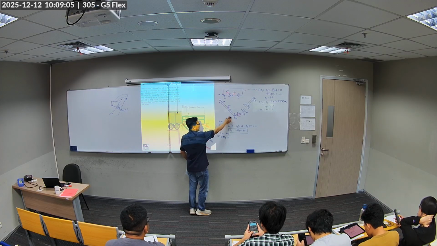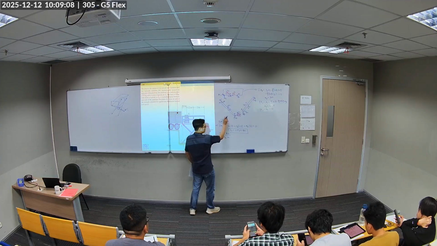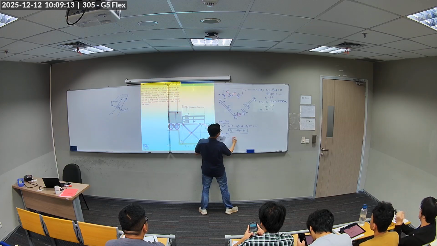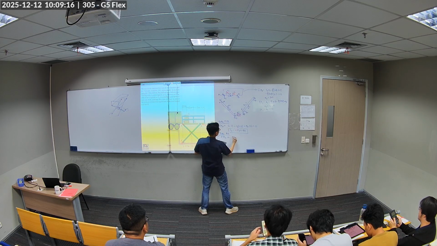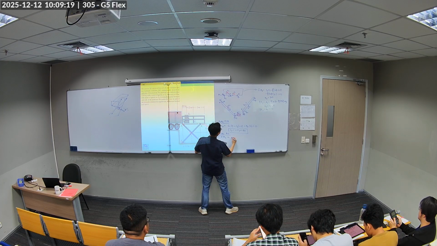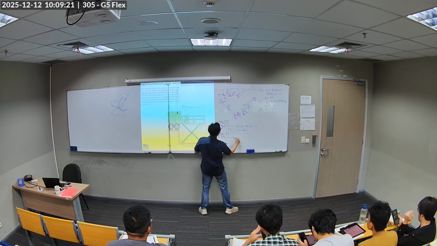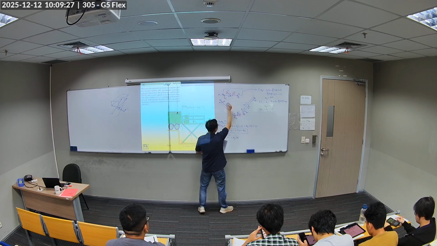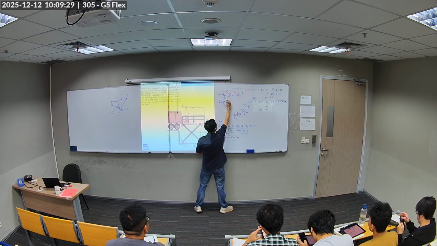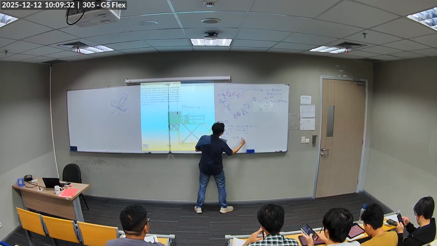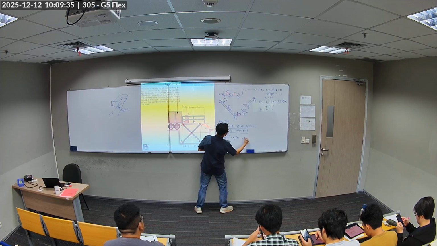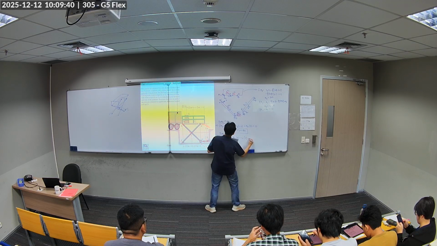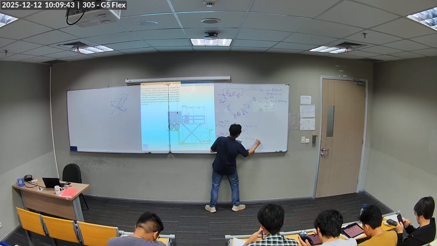If I do moment at D, I know AY and AX, so I can have another relationship of CX and CY. So this will be plus AY times 3, clockwise, counterclockwise. AX is 0. And then minus CX times 1 minus CY times 1.5.